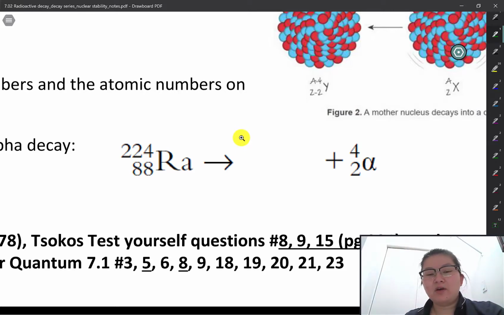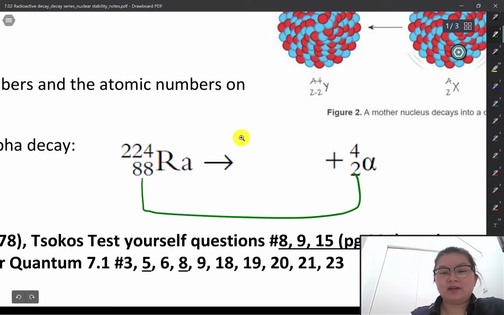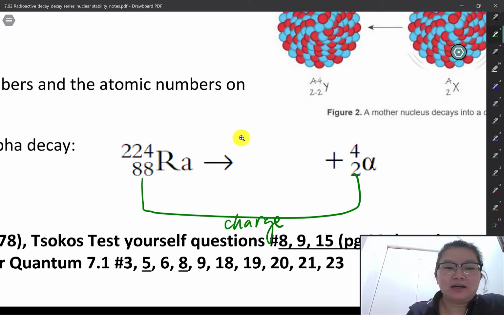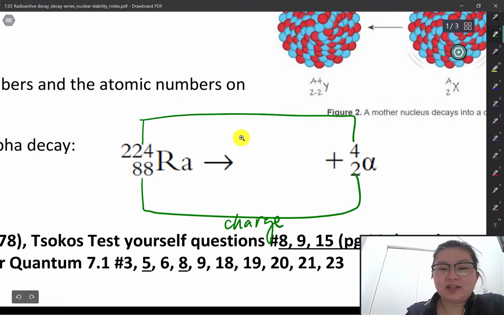Well, to be more exact, the charge has to be conserved. So we're looking at charge conservation, meaning the positive charges and negative charges have to be balanced at the end of a reaction, and here the atomic mass has to be conserved.